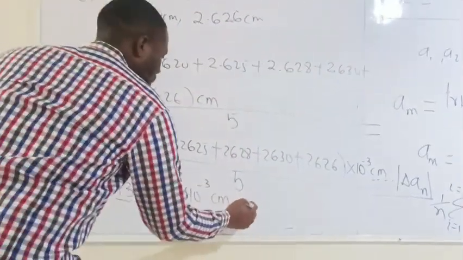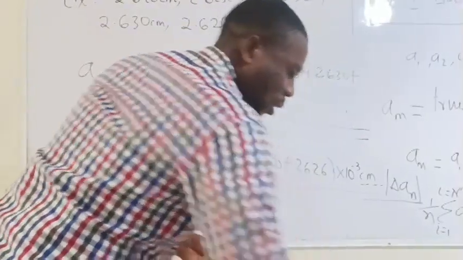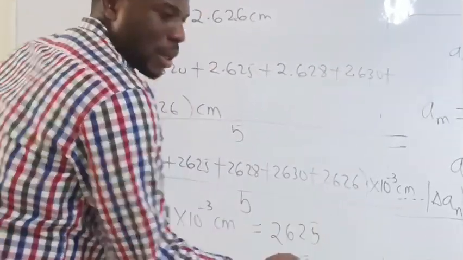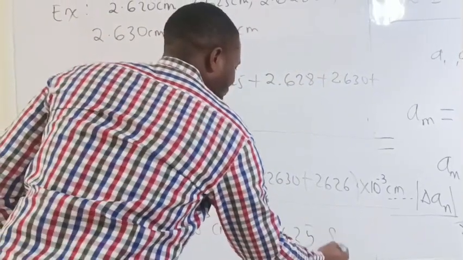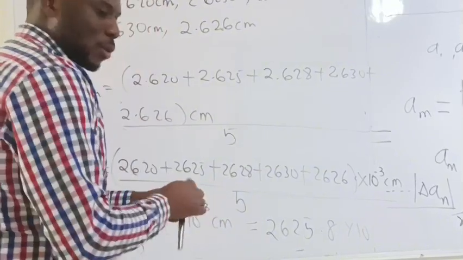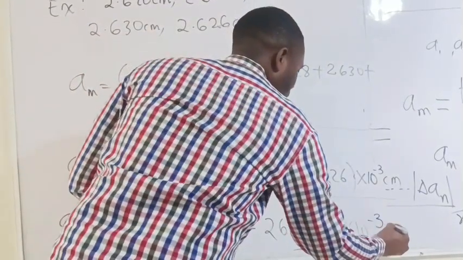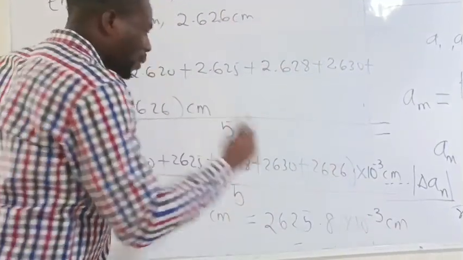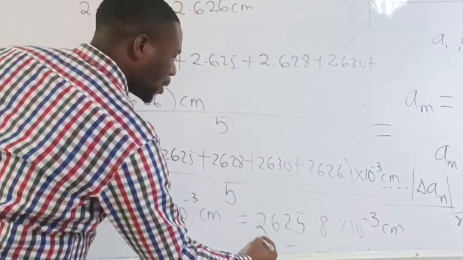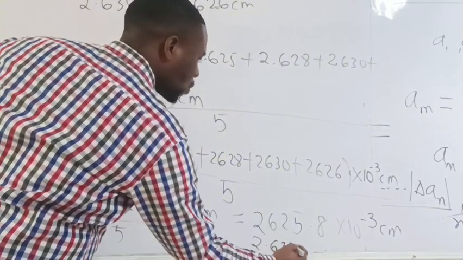So this is 2625.8 times 10 raised to the power minus 3 centimeter. And of course, minus 3 means this will go 3 decimal places backwards. So I have 2.6258.